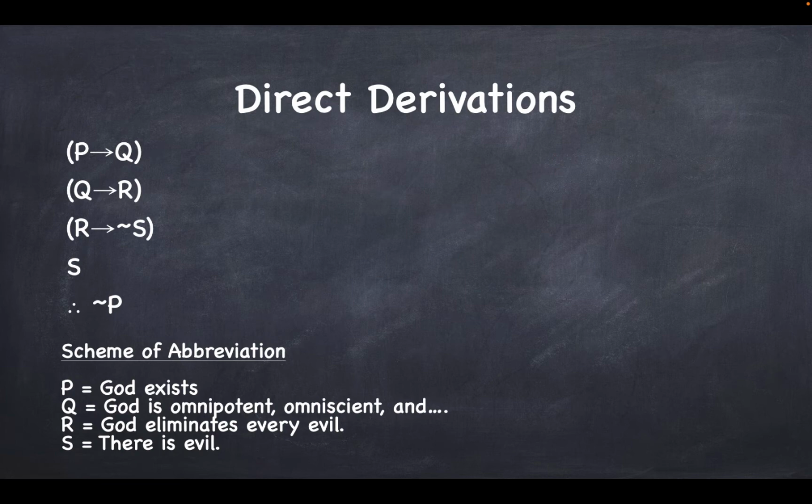Not S. Write it up. Not S. And we've got if P then not S. And if we apply modus tollens, what are we going to get as our conclusion? Not P. Therefore, not P.